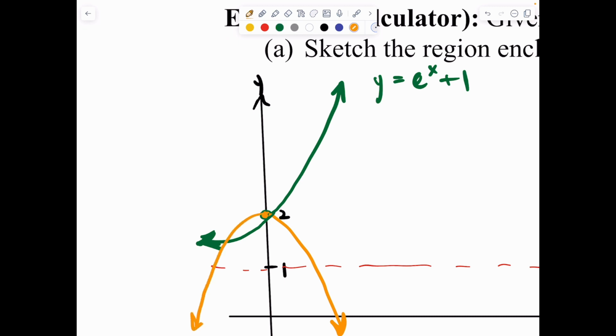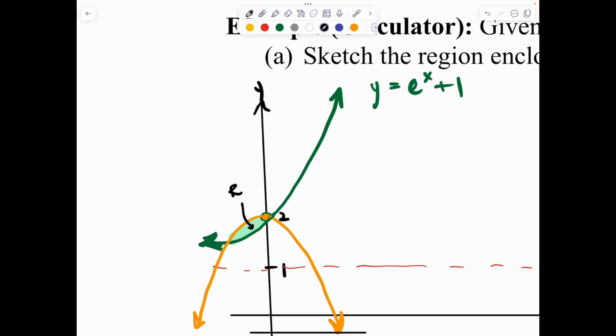Okay, there's going to be a region that we call R, bounded by those two curves. So that's the region R. A rough sketch of the region R.